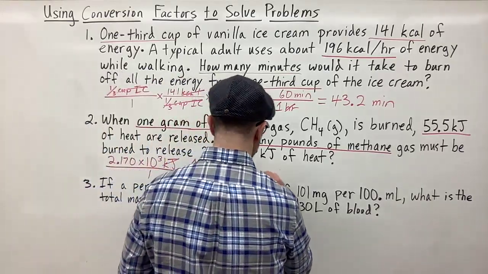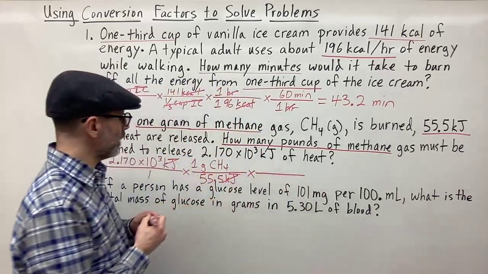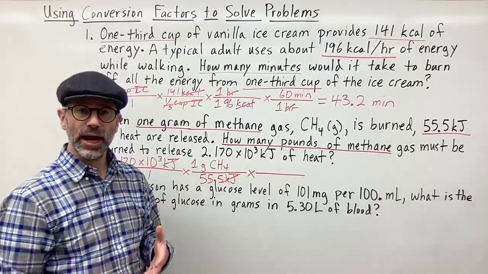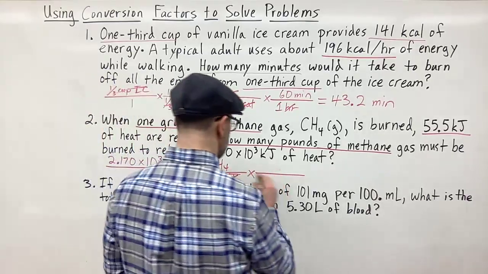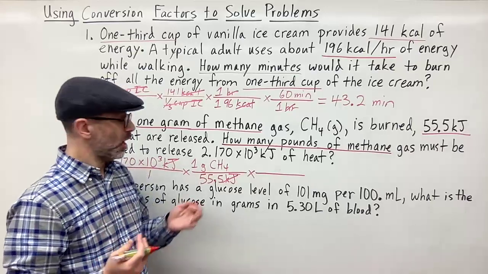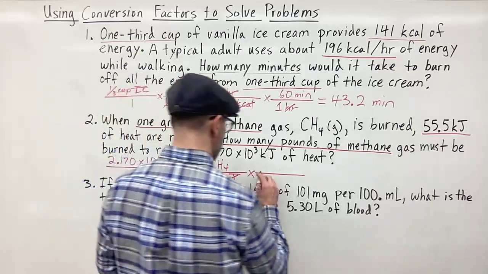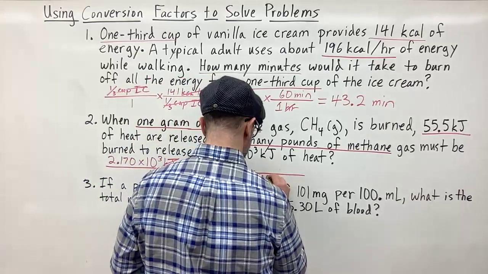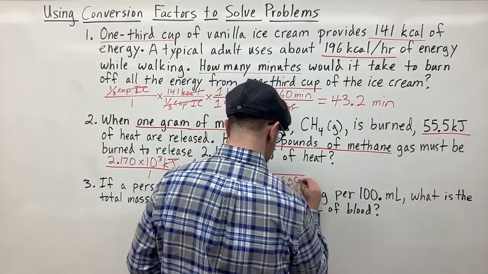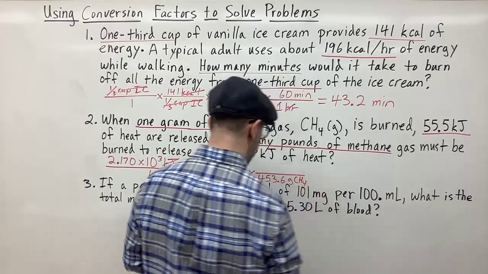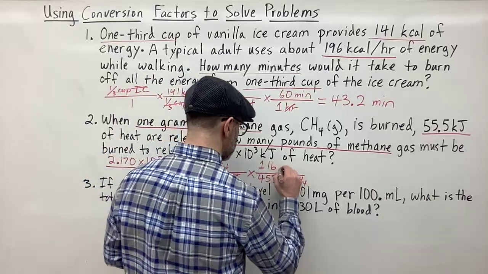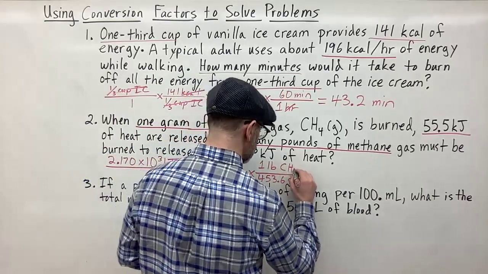And now I have grams, but I don't want grams, I want pounds. So now I got to convert grams to pounds. And so you can use whatever conversion factor that you know. I'm going to use that 453.6 grams of methane gas is equal to 1 pound of methane gas.